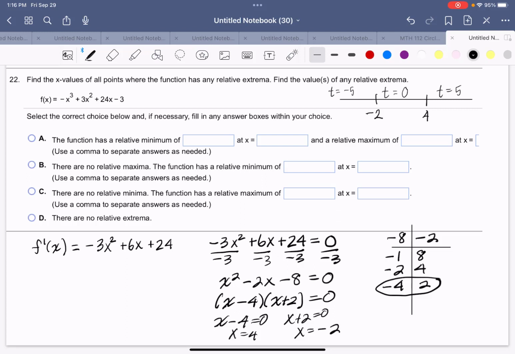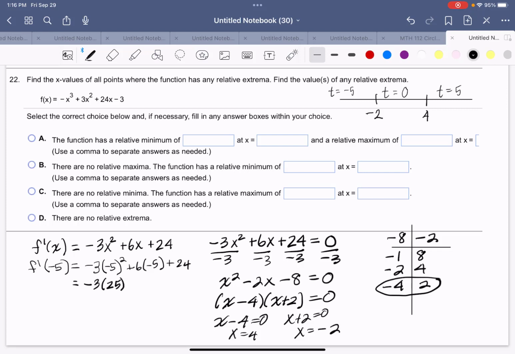So I'm going to have to do f prime for each of those test points, starting with negative 5. Negative 3 times negative 5 squared plus 6 times negative 5 plus 24. Type it straight into your calculator like that, or do the arithmetic.